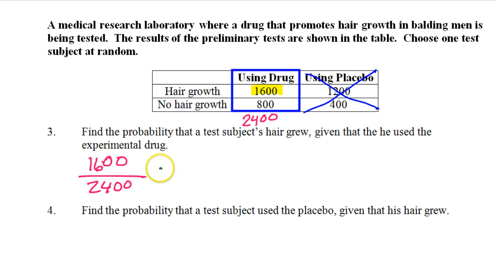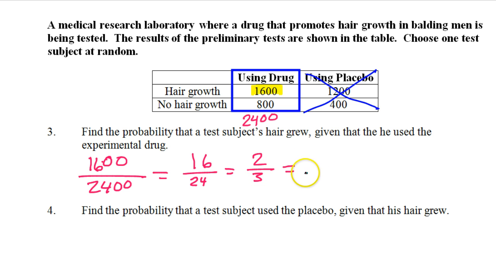We can begin to simplify this mentally. Dividing both by 100 gives 16 over 24. Both are divisible by 8, so that would be 2 over 3. So 2/3. That's the probability right there.